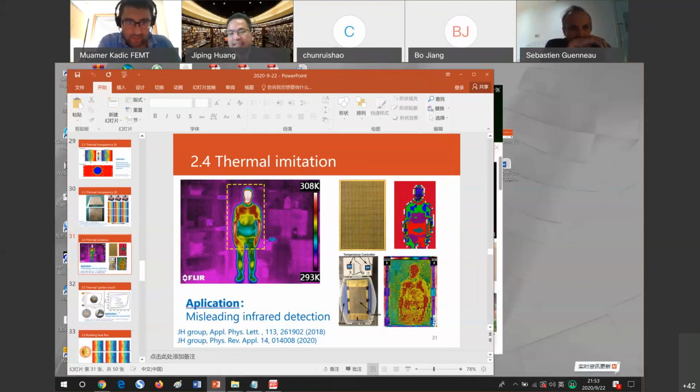Yes, exactly. Because the temperature is constant below the sample, due to different thermal conductivity distribution, we can change the temperature distribution on the surface. And then we obtain different temperature signatures like this one. Okay, I get it. Thank you.